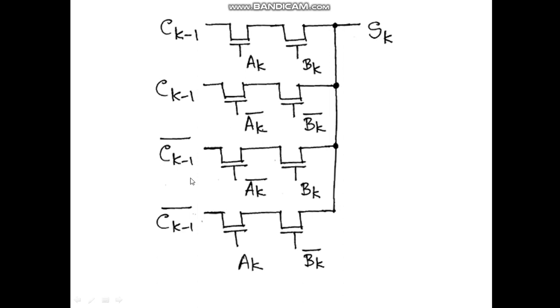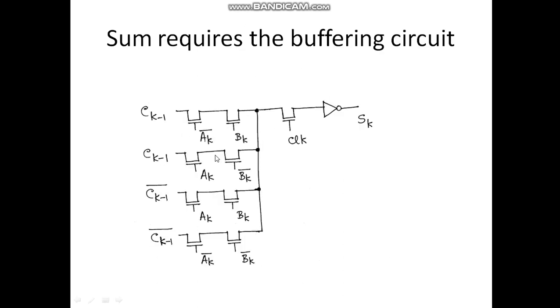As we are using an inverter at the output end, this input should be complemented and hence it becomes Ck-1. So here you can see that when Ak and Bk are different, the input Ck-1 is made available. This is given to the inverter, hence Sk becomes Ck-1 bar.